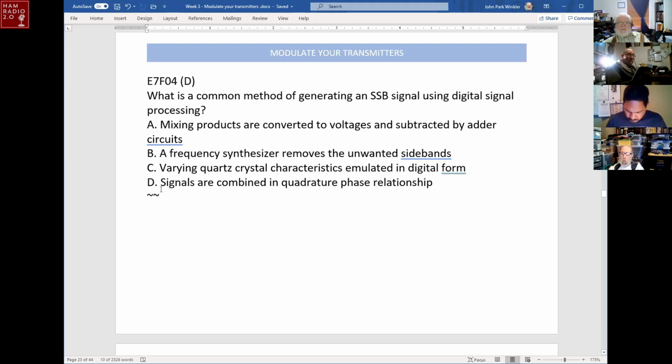And what is happening with the quadrature is at 90 degrees. Quadrature phase is 90 degrees.